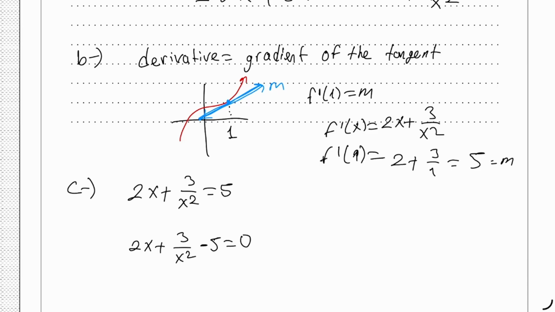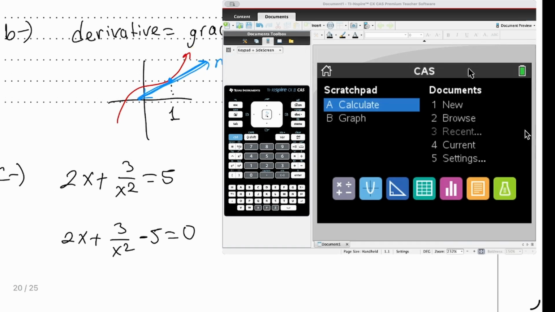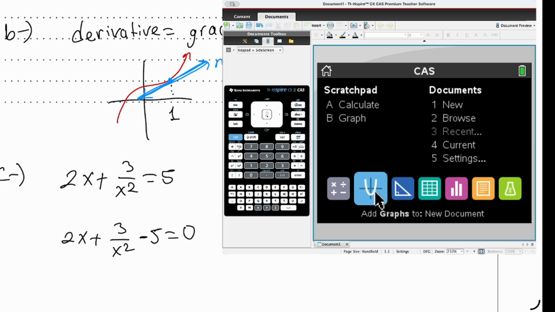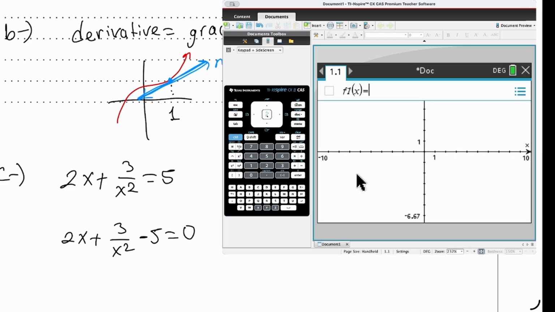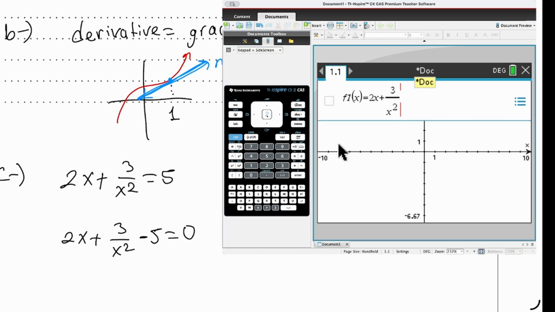So we go to our calculator, go to graph. 2x plus 3 over x squared, control division, x squared, then minus 5.